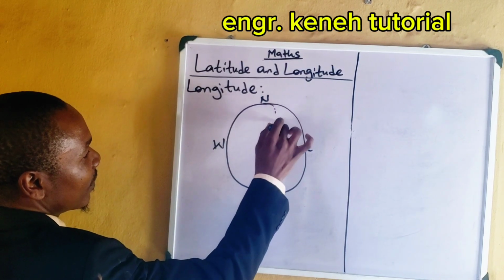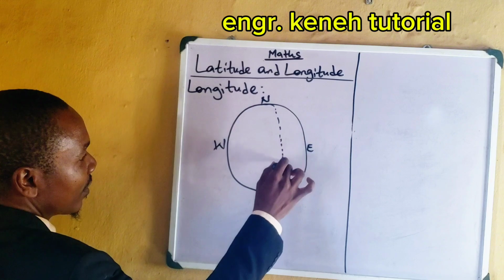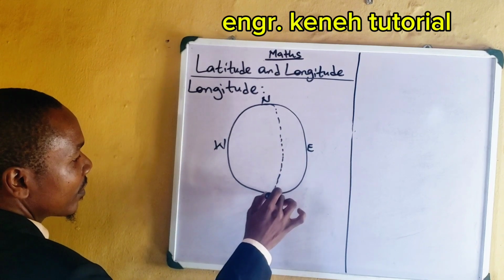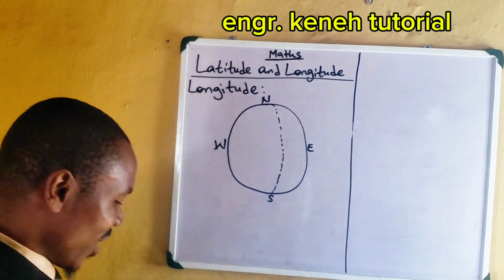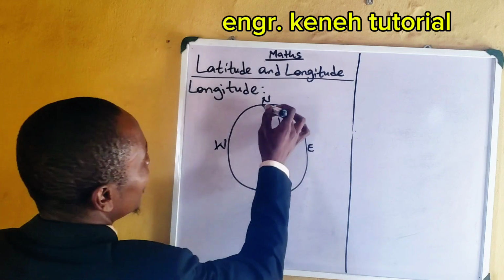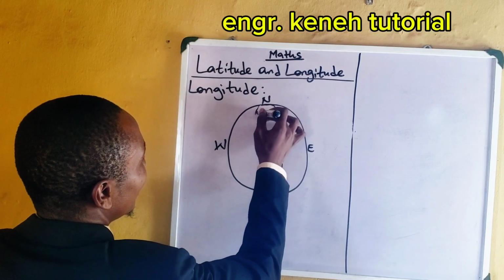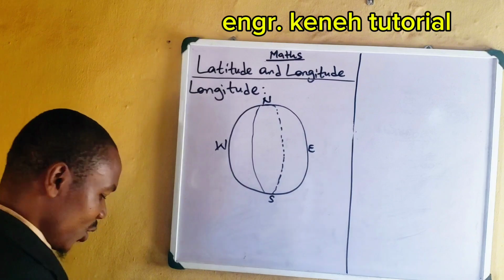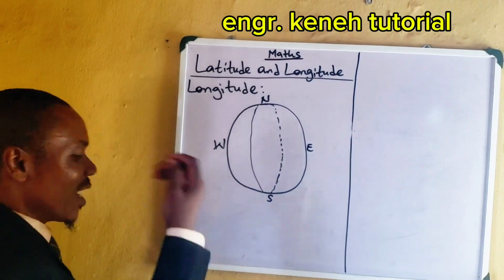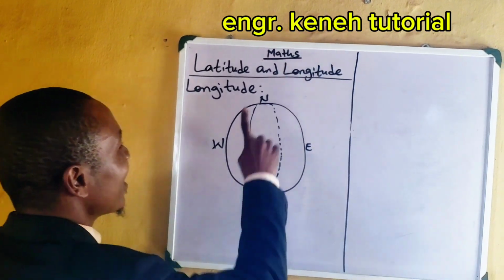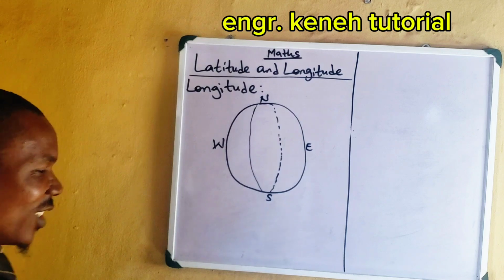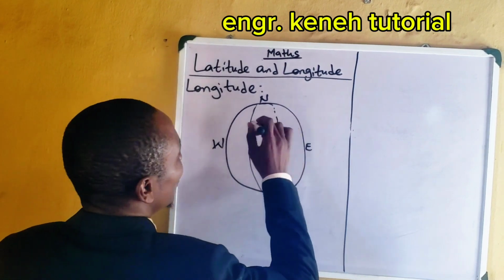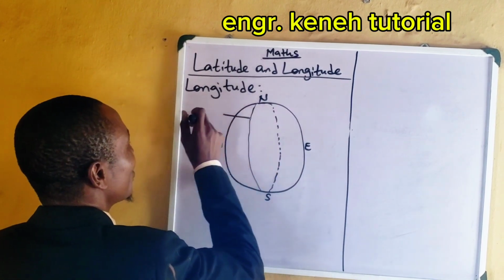So longitude may be something like this. Can you see it? It has to come from north to south. It can also be in this form. This kind of vertical line from north to south, or you may say from south to north, whichever one, is what we refer to as longitude.